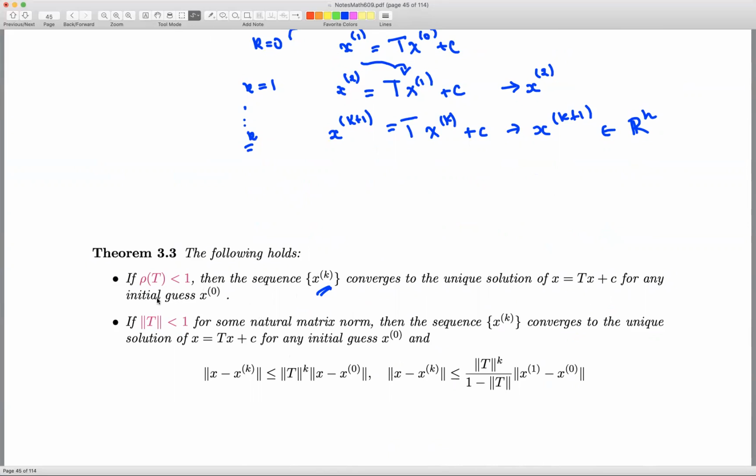And the first theorem was actually an if and only if statement, but for the sake of this lecture, we will look at only one direction of this statement.